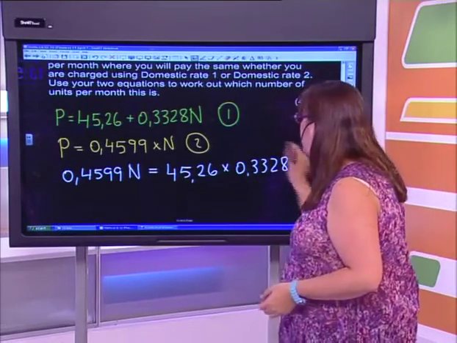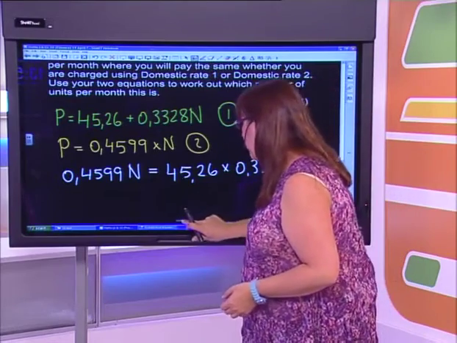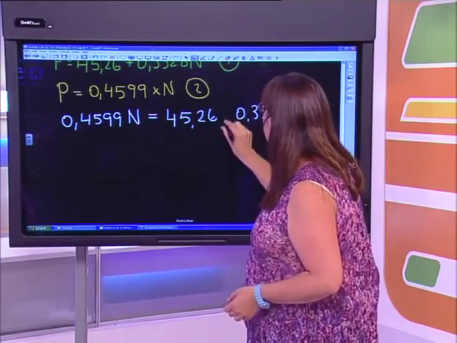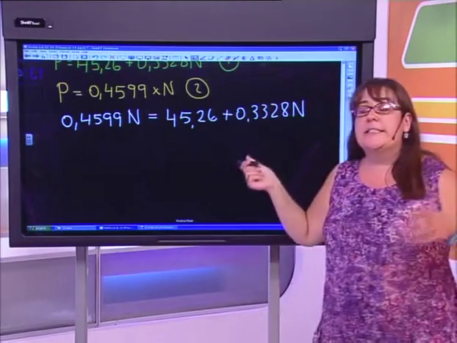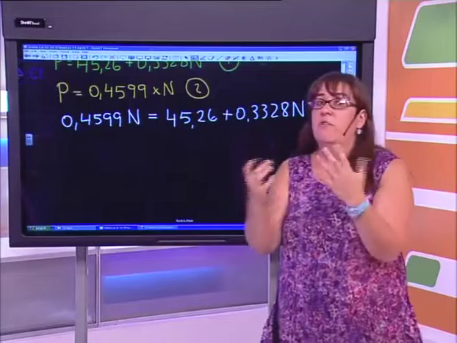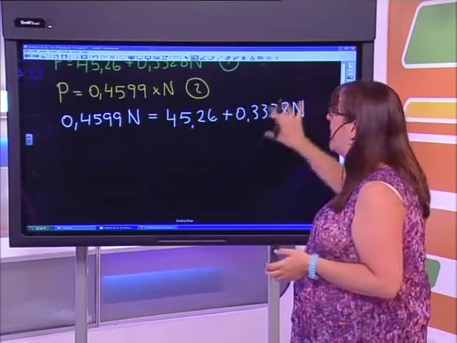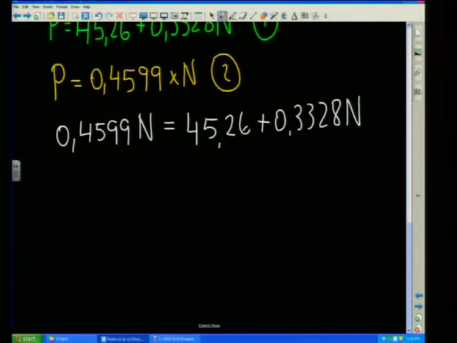So what I'm going to do is move this to the other side of the equation. And the way I do this, and this is not a times, this is a plus, is you do the opposite of what is happening on that side of the equation. So at the moment, I've got 45.26 plus 0.3328 N. So I'm going to say minus, because if I minus the 0.3328 N, they cancel each other out.